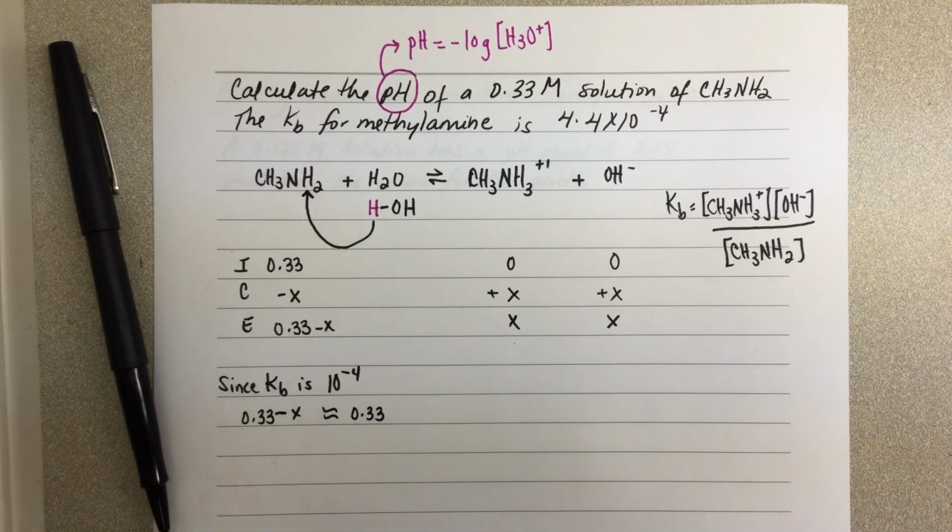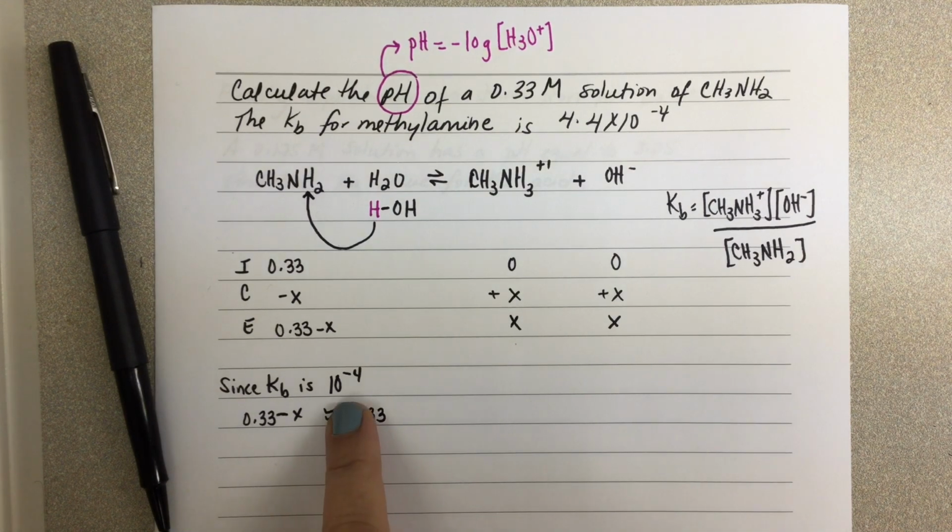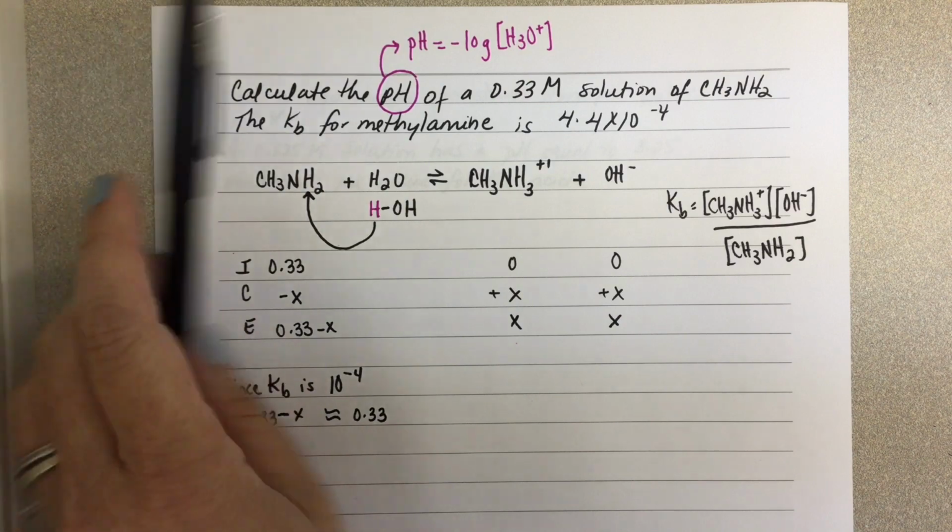We can assume this here. At equilibrium, your concentration is very likely to be essentially your initial concentration, because your initial concentration is decreasing by such a small amount that you can say it remains almost the same.